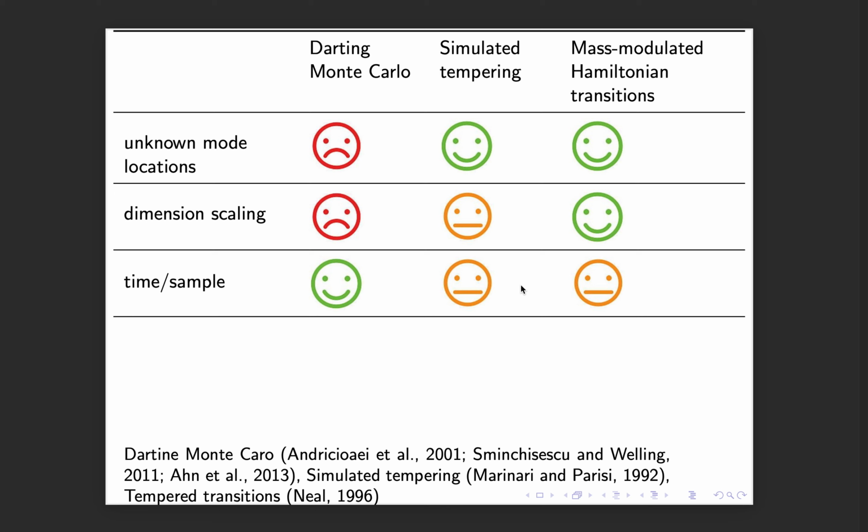For simulated tempering, one has to wait until the chain moves from the lowest temperature level to the highest temperature level and moves back down to the lowest temperature level again. Since the transitions between the temperature levels happen in a random walk-like fashion, and because the valid samples are only obtained at the lowest temperature level, the runtime per sample is likely to be much longer than darting Monte Carlo.